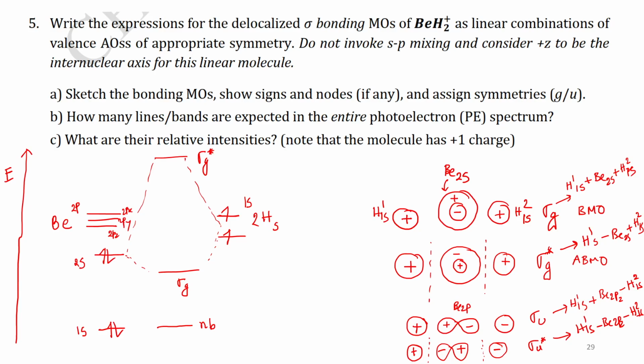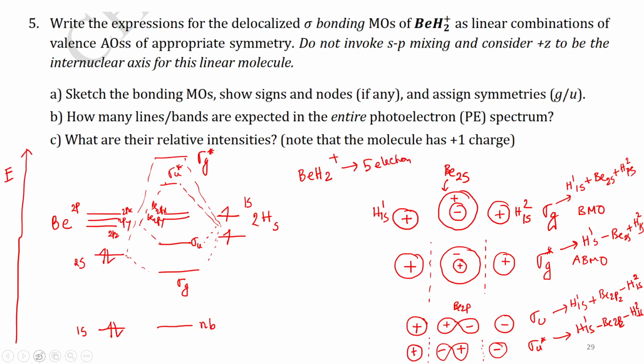So this is one of the approaches, and your 2px and 2py are going to be non-bonding of beryllium, I should write, and 2pz forms another, that is sigma u, and one of the anti-bonding, that is sigma u star. So total number of electrons in BeH2 is 4.